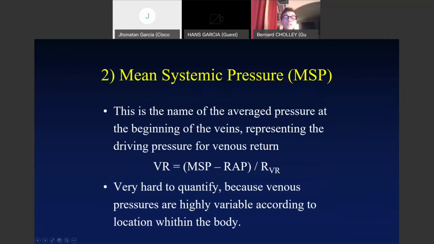And if you see this mean systemic pressure, the greater the mean systemic pressure, the greater the numerator, the greater the venous return. But in reality, we don't use this because it is very hard to quantify, because venous pressures are highly variable according to the location within the body.